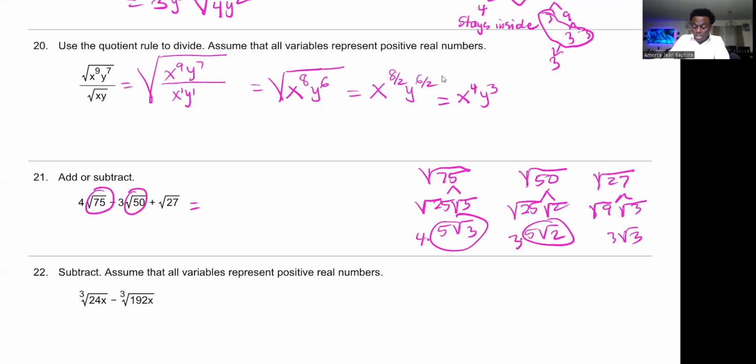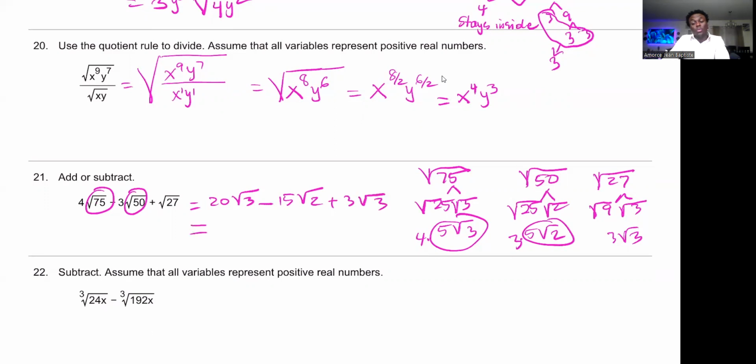And this one has no coefficient, so that's going to be 20 square root of 3 minus 3 times 5, 15 square root of 2, and then plus 3 square root of 3.